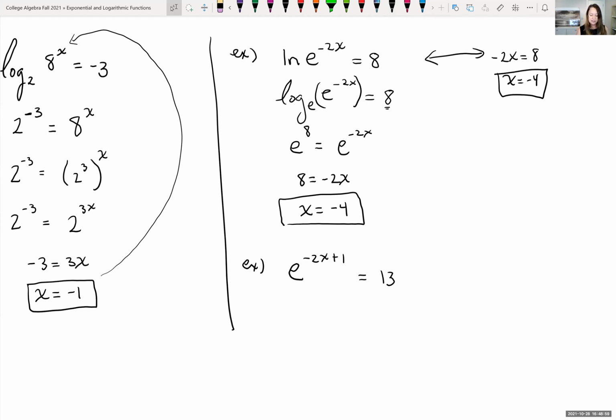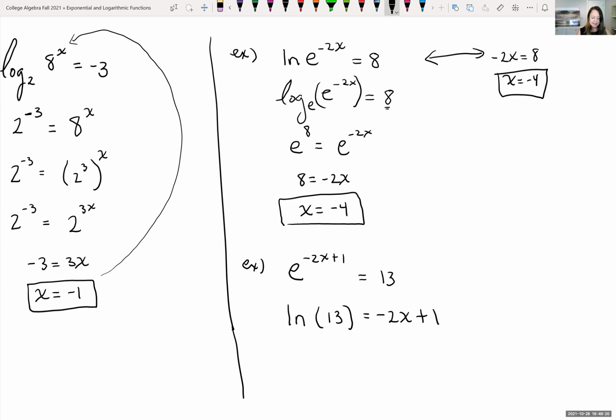And so let's rewrite this in log form. So base e, so this would be natural log or log base e of what this was equal to, 13, equals our exponent, which is negative 2x plus 1.